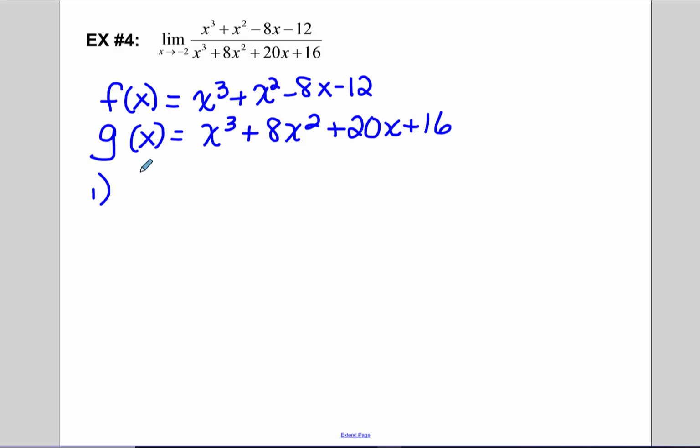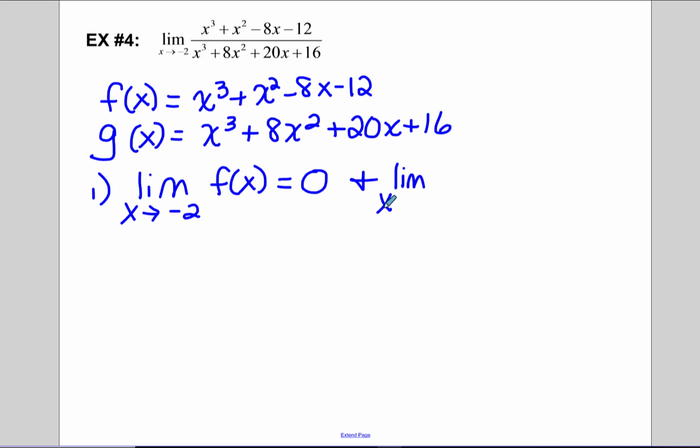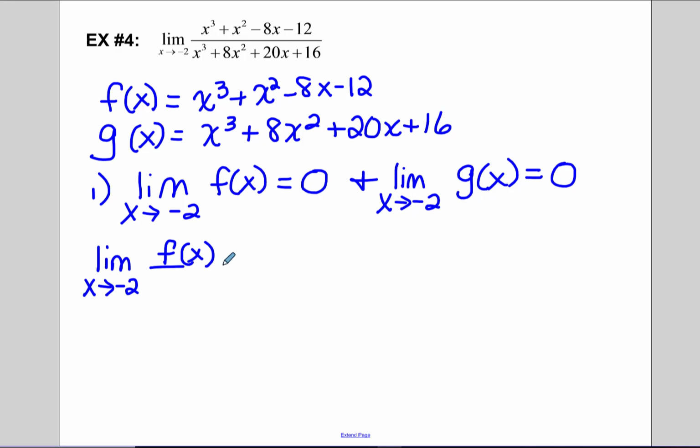So first things first, the limit as x approaches negative 2 on the numerator is 0. And likewise, the limit as x approaches negative 2 on the denominator is also 0. So we can say the limit at negative 2 for the function f and the function g can be evaluated by L'Hopital's rule.